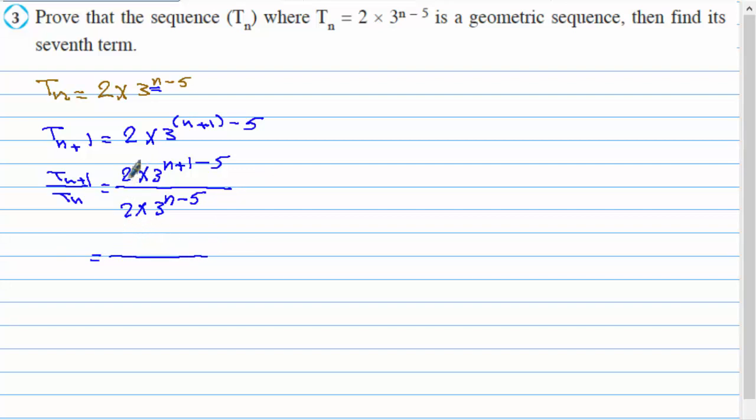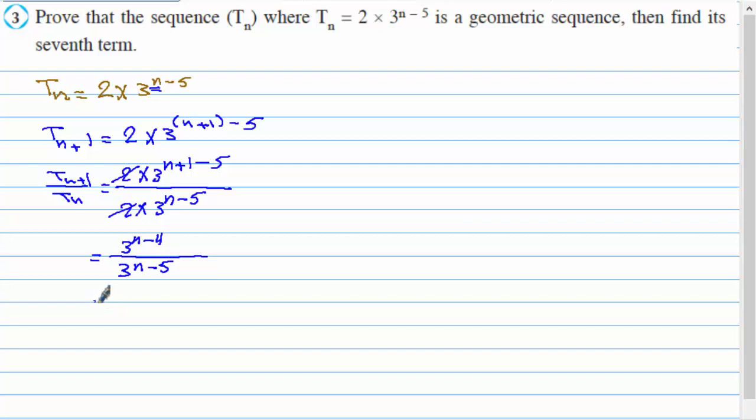First, you can divide up and down by 2. So we have 3 power n plus 1 minus 5, it is n minus 4, over 3 power n minus 5.